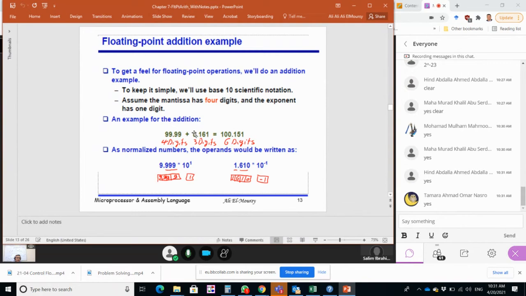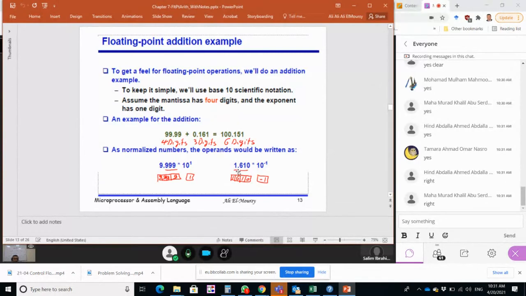Right. What about the other number? The other number is 0.161. To put it in normalized format for the decimal, I have to shift the decimal point to the right, so that we are using the same convention between the two numbers. So I'm shifting the decimal point to the right, and I have to lower the power of 10.